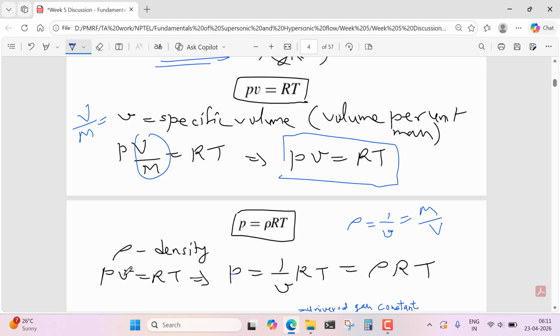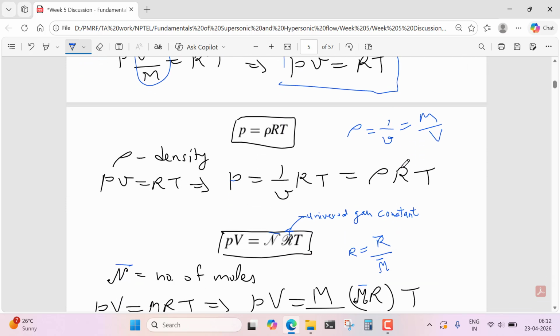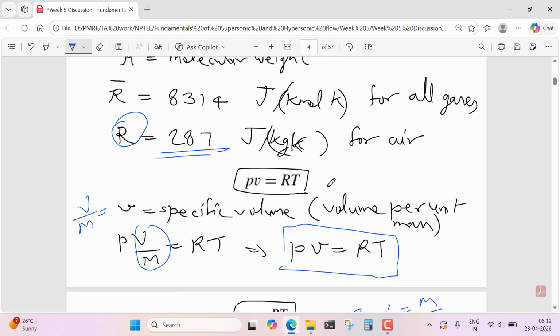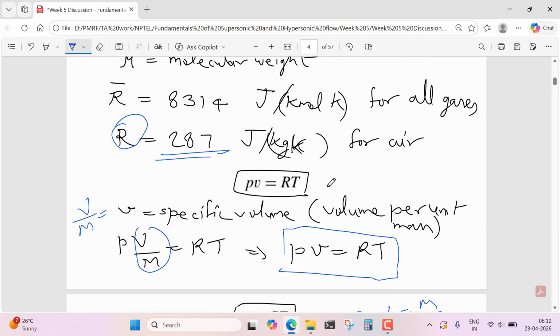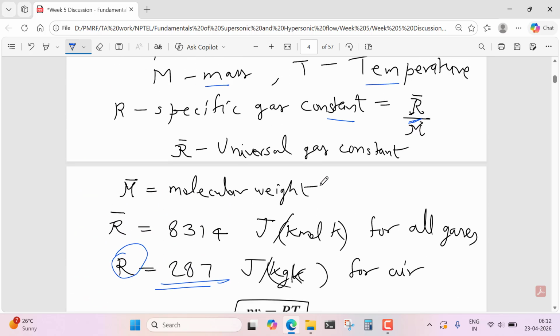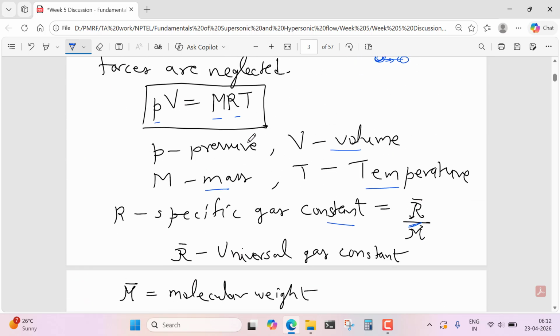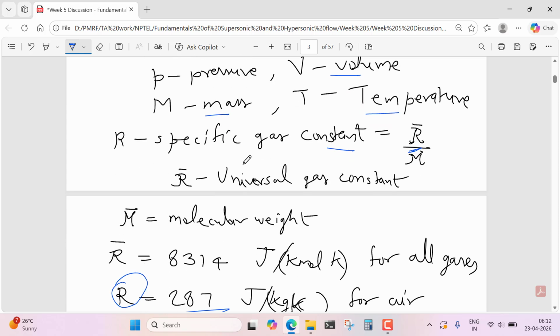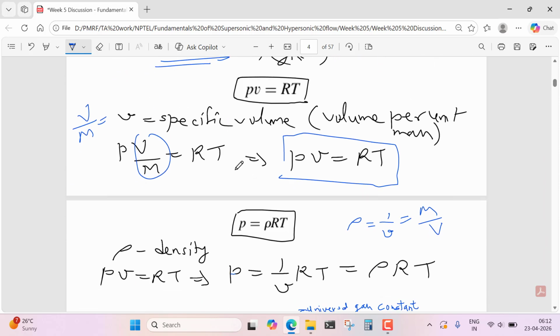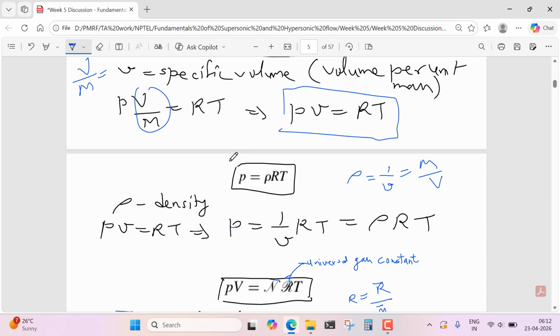If v goes to the right hand side, it will become P equal to 1 upon v times RT, where 1 upon v is equal to rho. So P equal to rho RT. Here one thing to notice: everywhere it is the specific gas constant. Currently there is no universal gas constant.